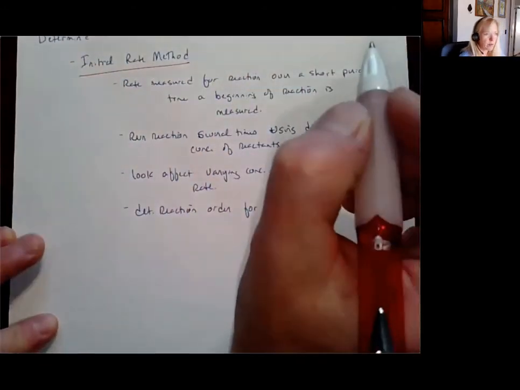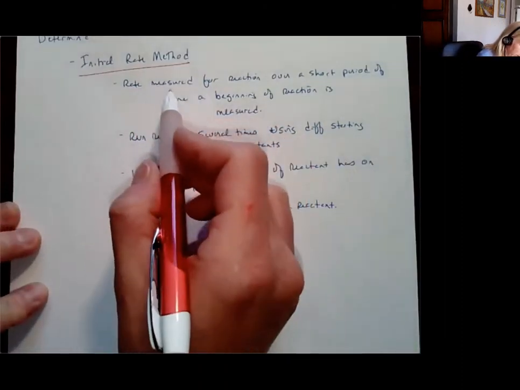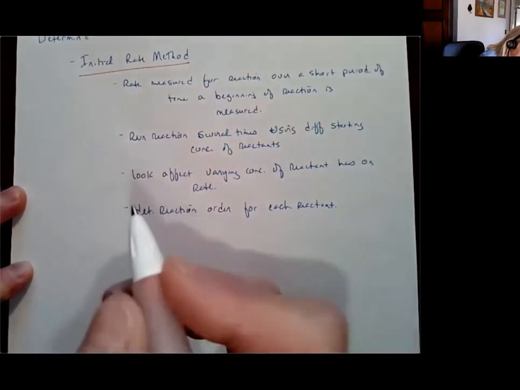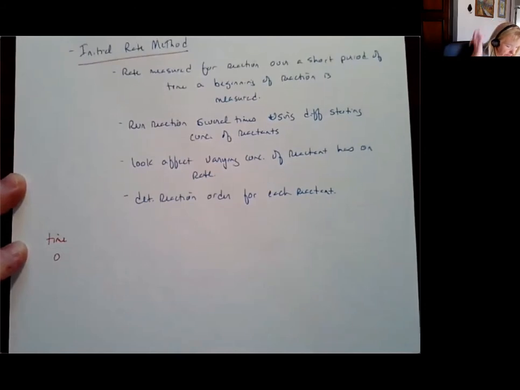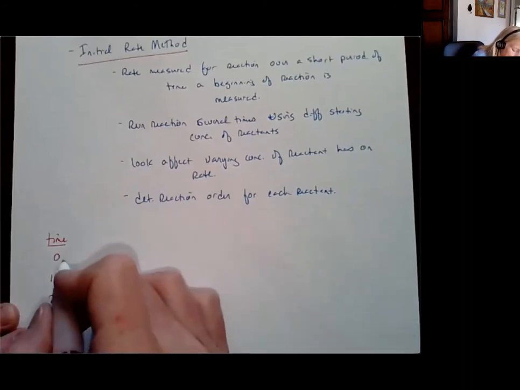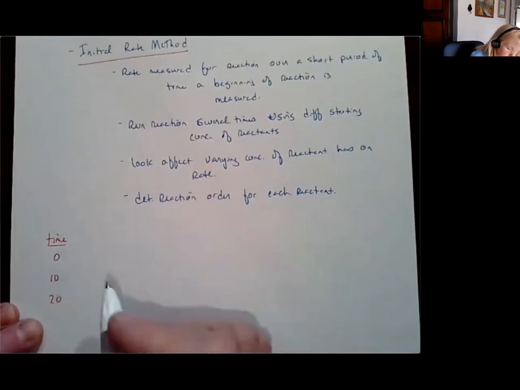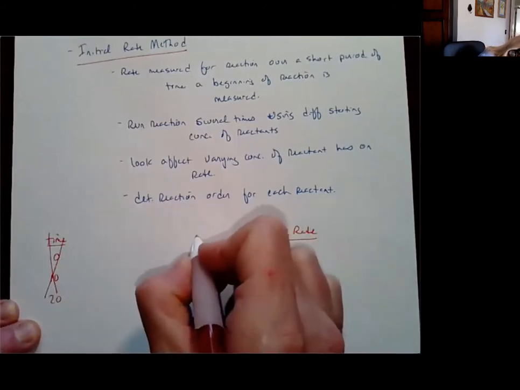I think the problem with this chapter is figuring out which equation to use for which. In an initial rate method, you're going to start at time 0, and then go to maybe 10 seconds, 20 seconds, and so forth, and you're going to measure that same time for each. So you may not see time in your table, but what you'll see is your initial rate and your concentration of your reactants.